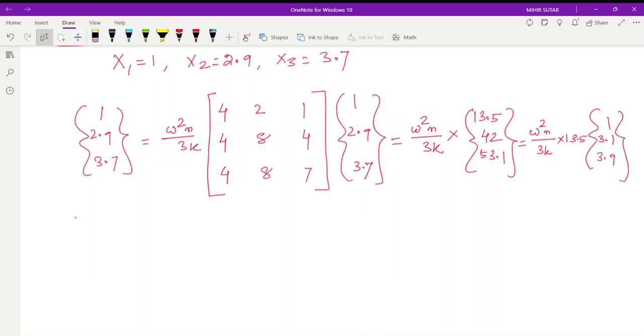So, in the third iteration, we will take x1 as 1, x2 as 3.1, x3 as 3.9. Okay.